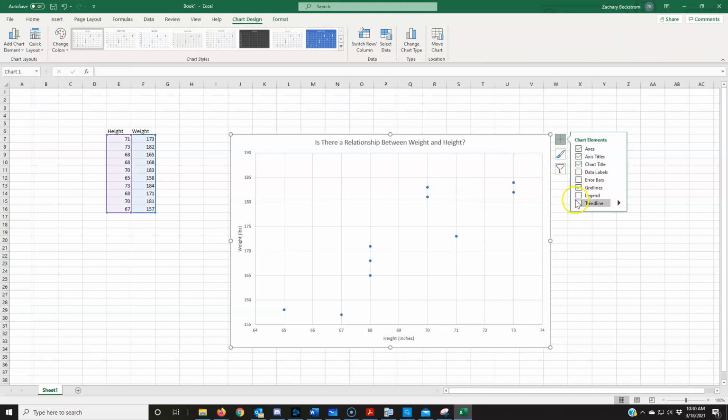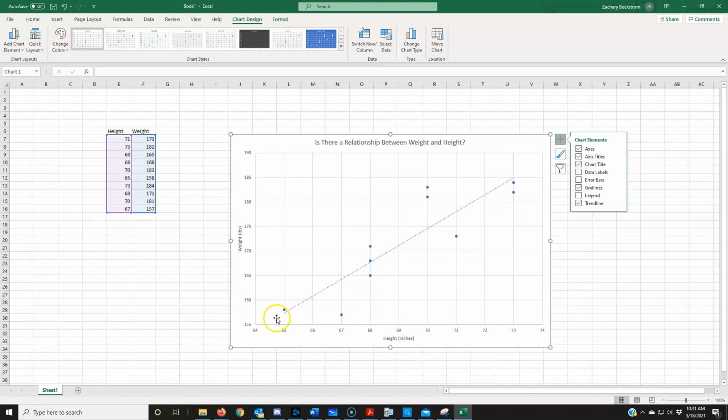I can add what's called a trend line, and a trend line is going to be that line of best fit that goes through there, and it's going to be the line that's closest to those points. And we can see here that this line is not too far off of those points. We can get it decently close to those points.